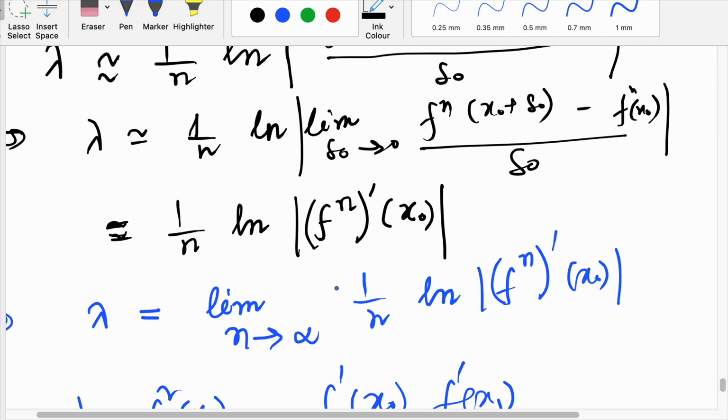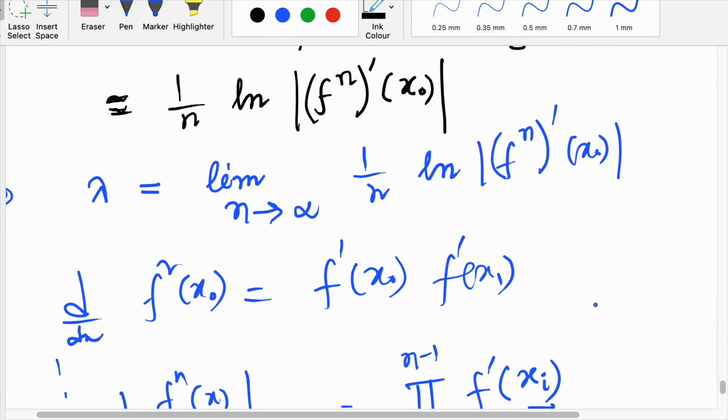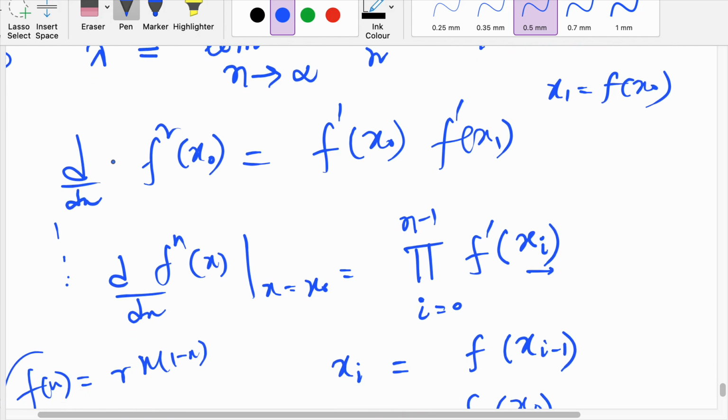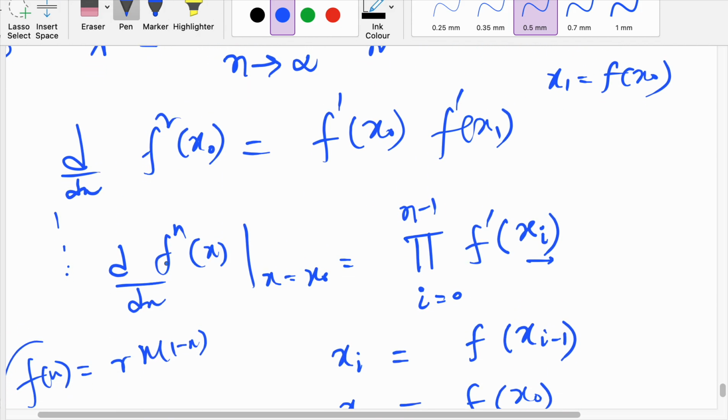So the exact value of lambda is the limit n tends to infinity of 1 by n ln of the first derivative of f n at x0. Previously we have seen that this f n prime can be written as a multiplicative series. We know that the derivative of f square at x0 can be written as f prime x0 times f prime x1, where x1 is f of x0. In a similar manner we can write this as a multiplicative series.